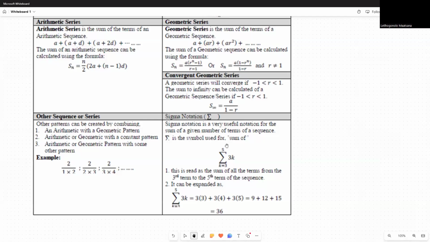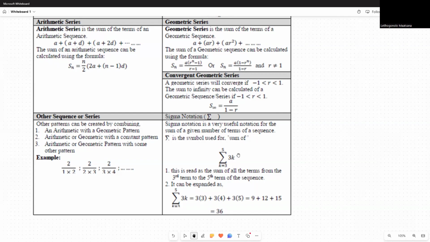The way we read this is that this symbol means the sum, and we're going to start where k is equal to 3, and end where k is equal to 5, and this is the equation that we are using. So basically what we're doing is 3 multiplied by 3 plus 3 multiplied by 4 plus 3 multiplied by 5 and get the total sum.